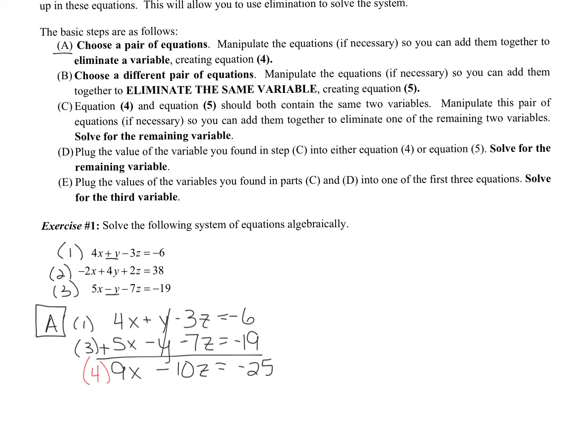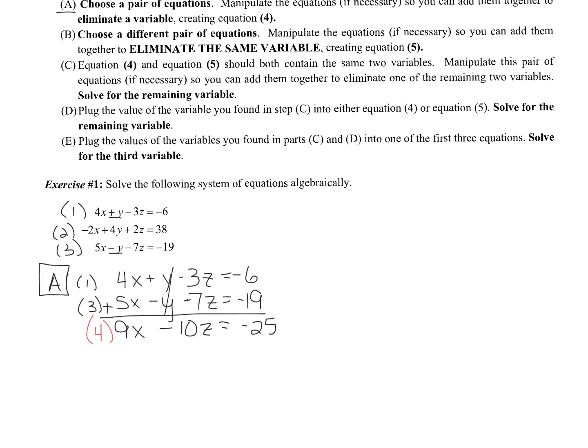So now we're going to look at the next step. We're going to choose a different pair of those original equations. We're going to manipulate the equations if necessary, so you can add them together to eliminate the same variable. Okay, so we can't say, now I'd like to eliminate z, because then my equation 4 and my new equation 5 won't be able to work together. So I have to eliminate y again.